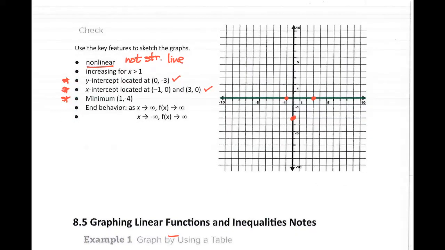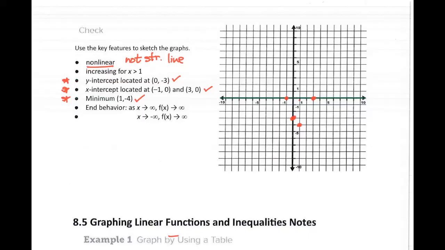And it says a minimum. That means what? Low, high, right, left? What does that mean? Minimum. Low. I have a low point at 1, -4. So there's 1, -4. So I've got those. My end behavior.